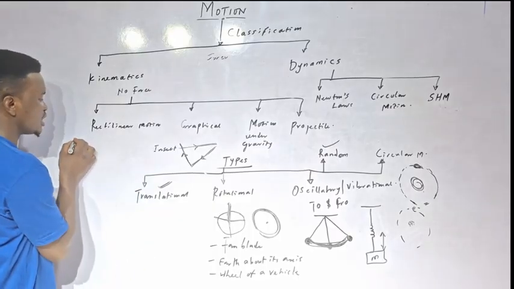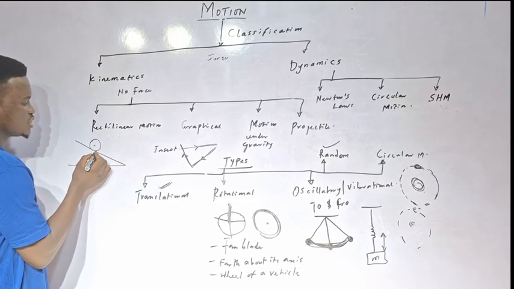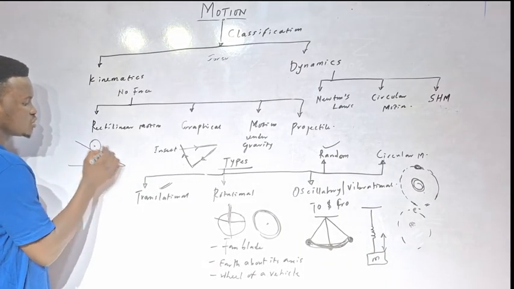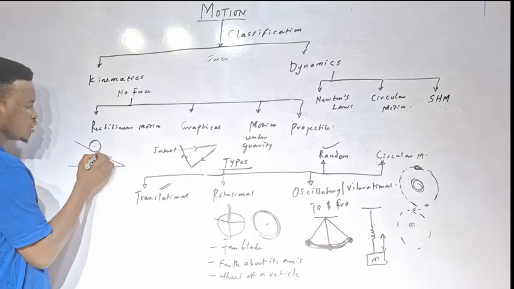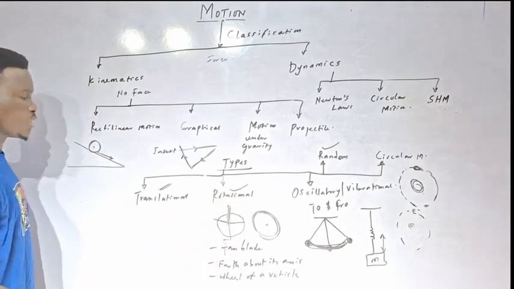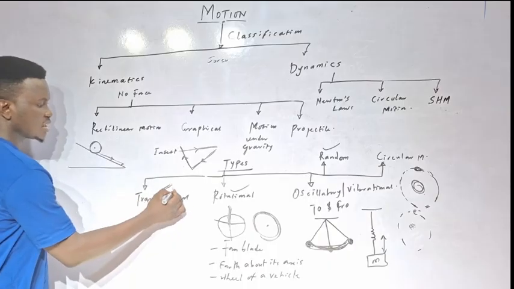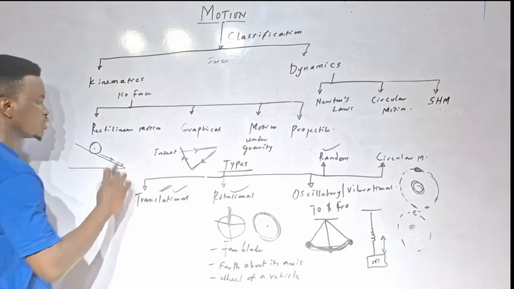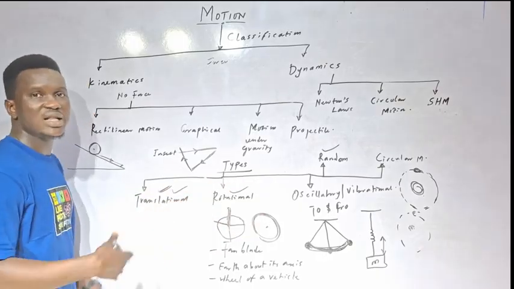Now, if you have an inclined plane and a wheel that is rolling down this inclined plane, the rotation of the wheel is rotational motion. But as it's moving along a straight line down the plane, it's exhibiting translational motion. So a body can exhibit two or more types of motion at the same time.